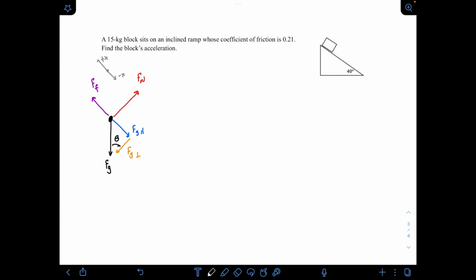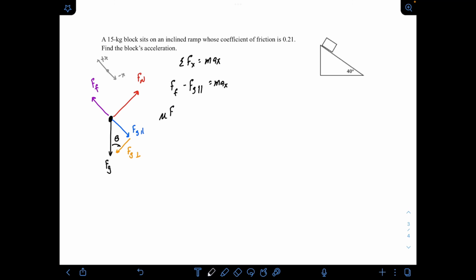So now we have to figure out what the acceleration in the x direction is. So we're going to perform analysis using Newton's second law, sigma Fx equals max. And here it looks like everything going up the ramp is positive, so friction force is going up. The FG parallel is going down, equals max. So I'm going to start plugging stuff in.